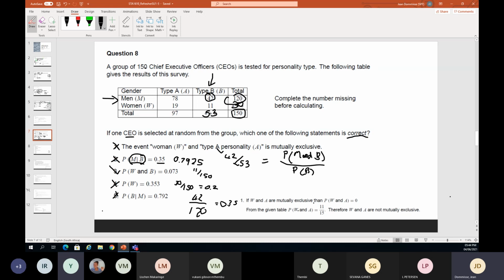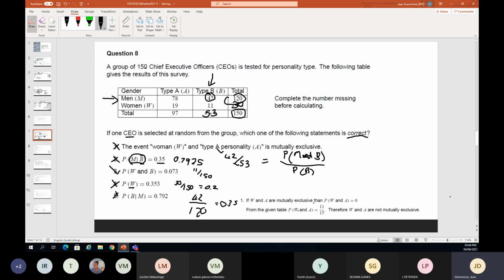Sorry, quick one. At point number 3, we said 11 divided by 150. How did we come to dividing by 150, please? Okay, so you can look at it with option or question 4 as well. When they don't tell us given something, we assume it is the full sample of 150.